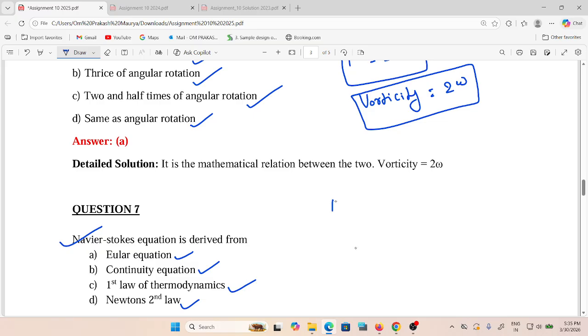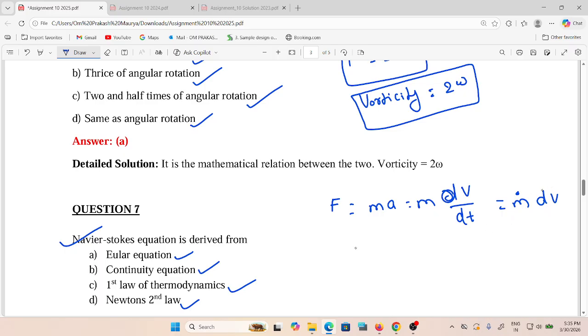That means force is equal to mass into acceleration, or mass into rate of change of velocity, or m dot, rate of change of mass, into change in velocity. So you need to write in this form.